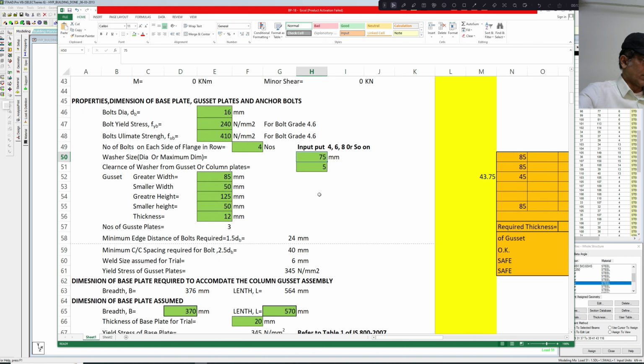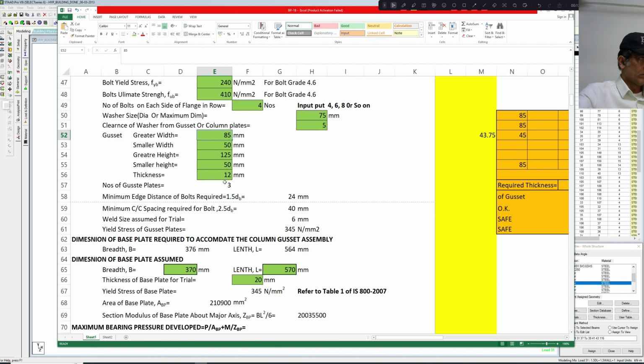Then we have got gusset plates. We are taking a certain width. See, our gusset plate will be something like this, at the edge of the column.